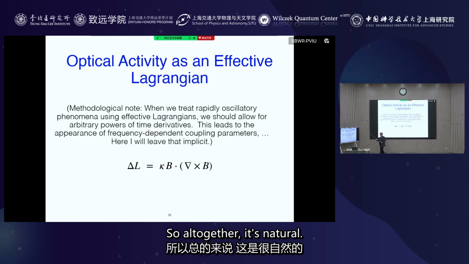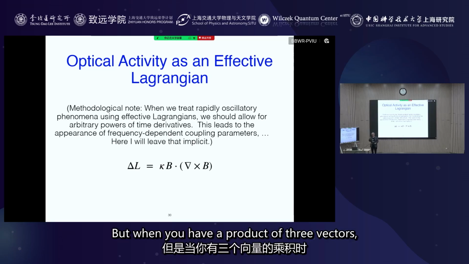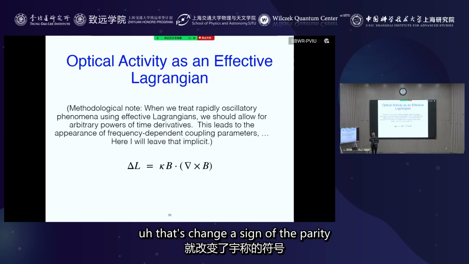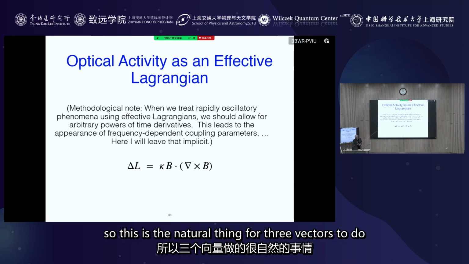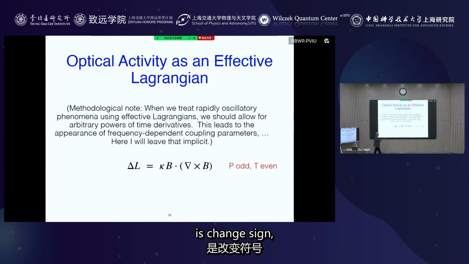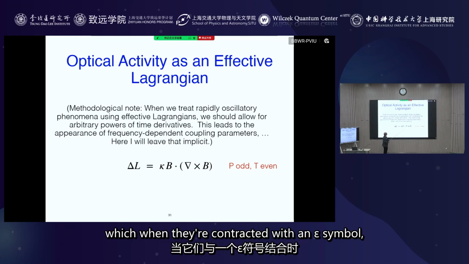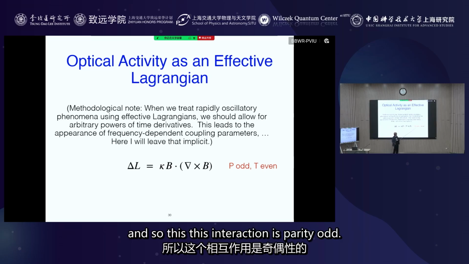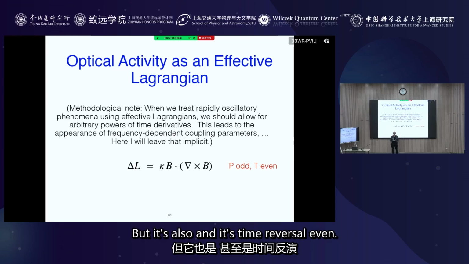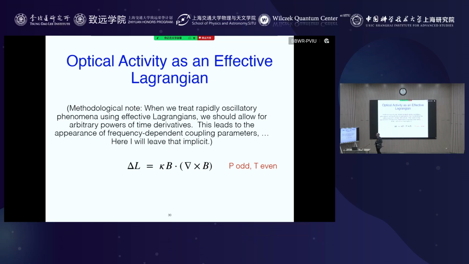So altogether it's natural, but when you have a product of three vectors, that's change of sign under parity. So this is the natural thing for three vectors to do, is change sign when they're contracted with an epsilon symbol, if you like. And so this interaction is parity odd, but it's also time reversal even. Okay, so it breaks parity, but not time reversal.